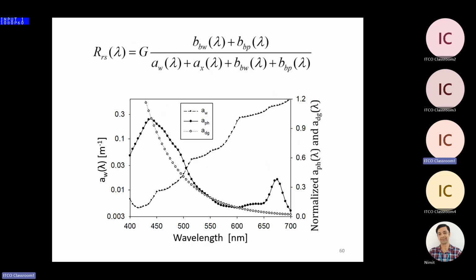So the reason for this high correlation between neighboring bands is that APH and ADG do not have sharp peaks or sharp valleys. They are really broad effects because they have different energy levels, as Darius showed this morning.